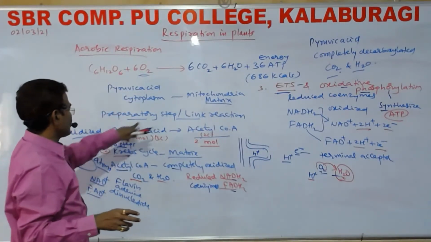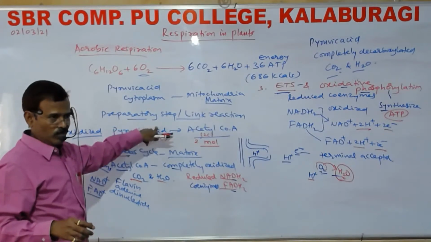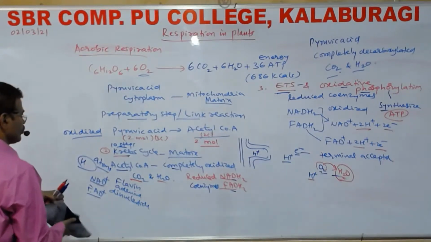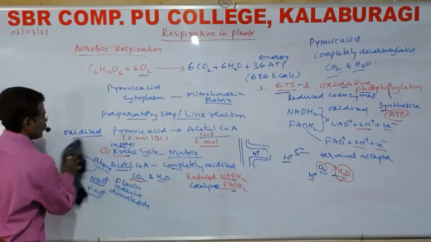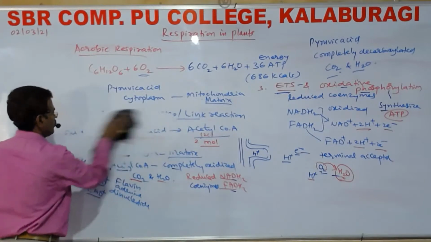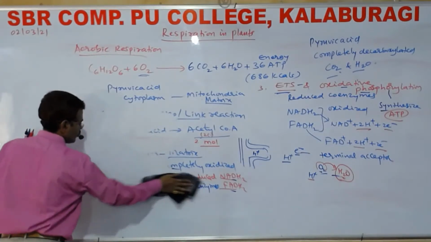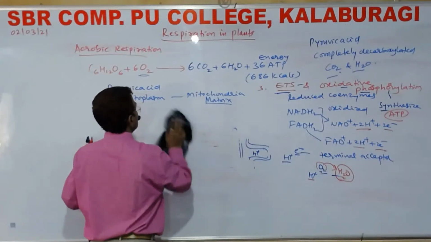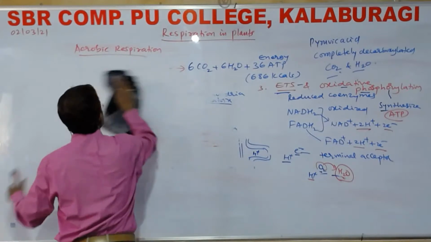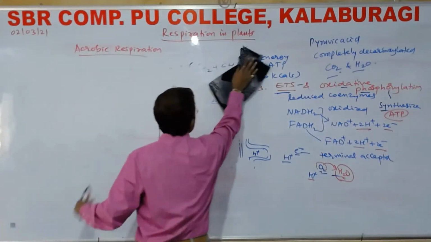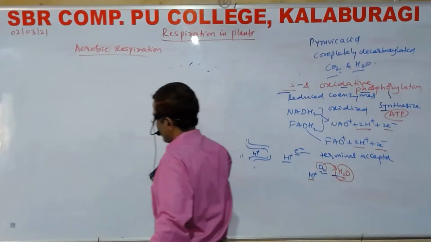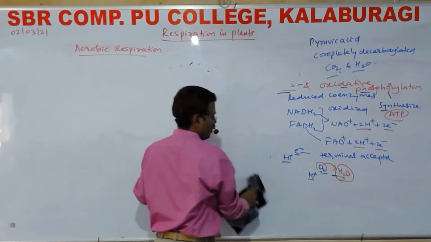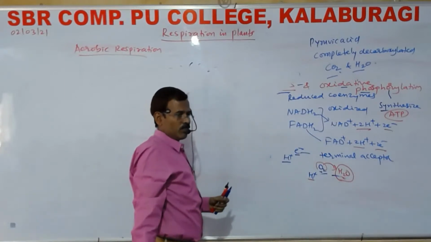So first we will start with the preparatory step. Without the preparatory step, the Krebs cycle will not commence. Pyruvic acid will not directly enter the Krebs cycle.